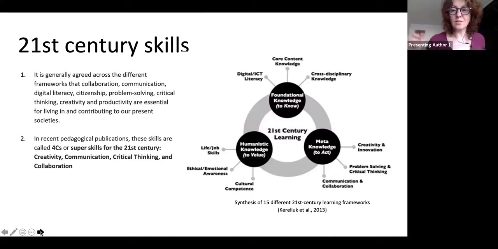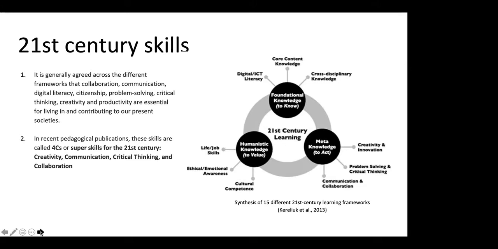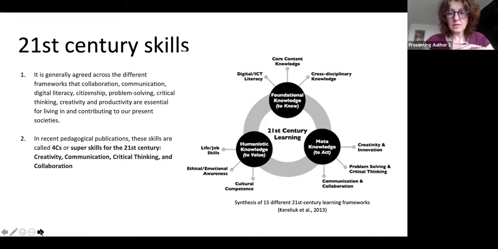We gathered all this research on the topic to understand what 21st century learning is and what these skills are. Here on this slide I present a very good synthesis, which converges with other papers. It's generally agreed that across different frameworks, collaboration, communication, digital literacy, citizenship, problem solving, critical thinking, creativity, and productivity are essential for living and contributing to our society.